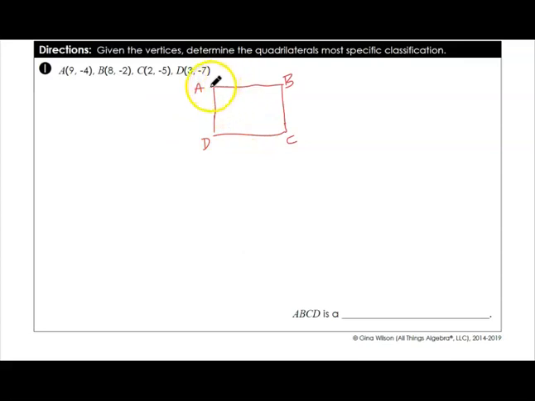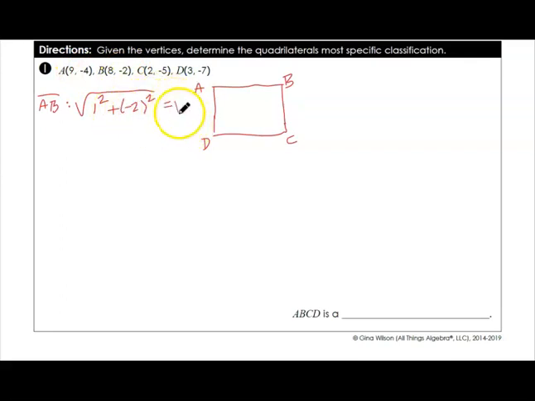So what I want to do is see the distance from A to B using the distance formula. So let's find AB. And remember, that's the difference between the two x's. So 9 minus 8 is 1 squared. And then the difference between the two y's, negative 4 plus 2 is negative 2 squared.